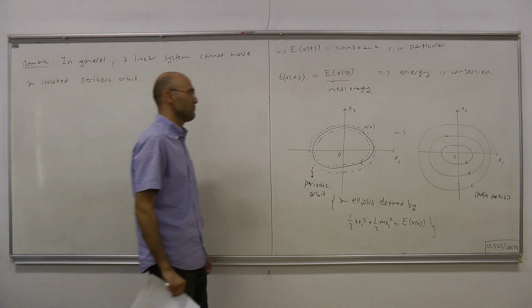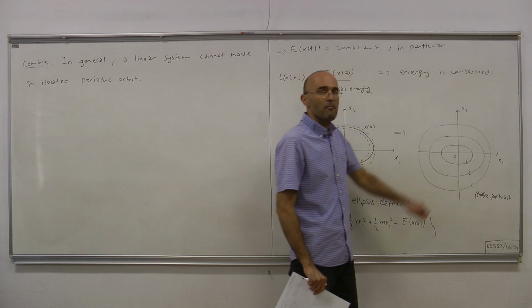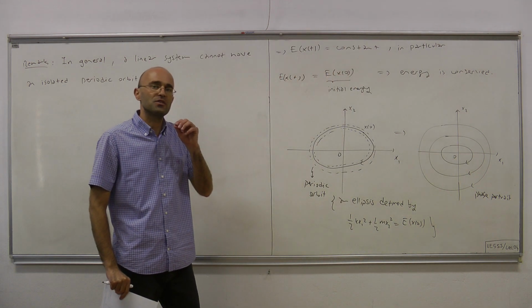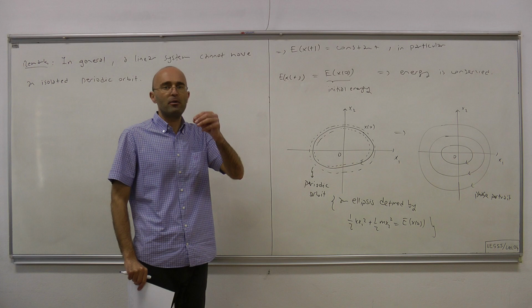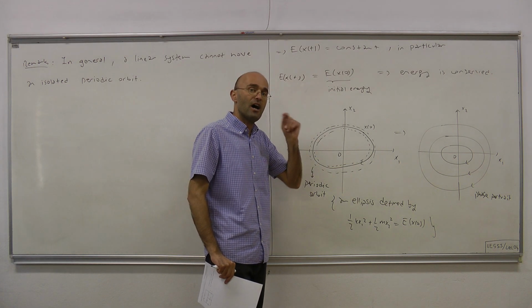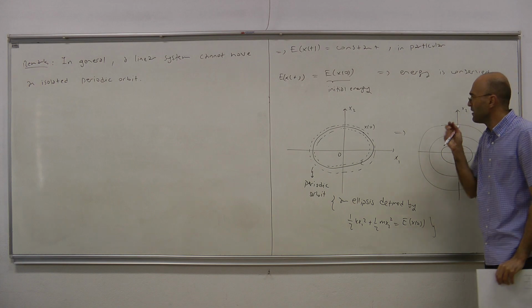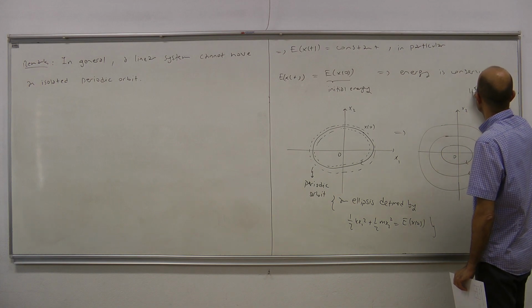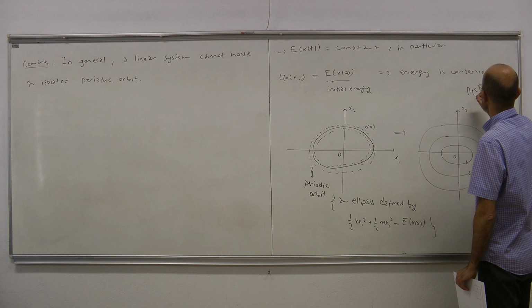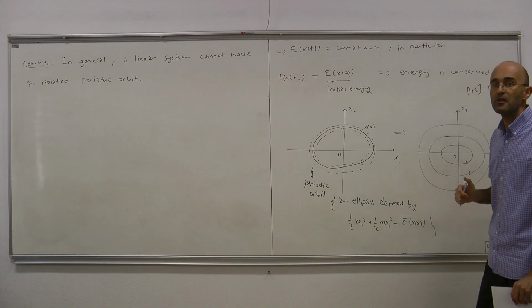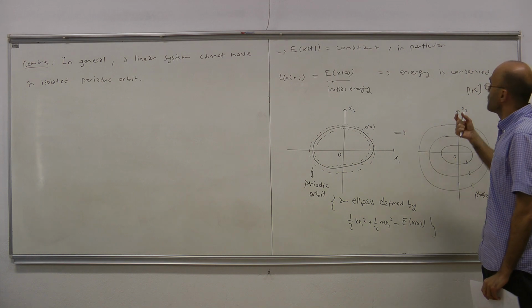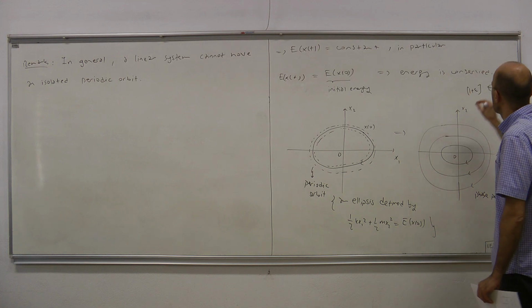The reason is the following. Suppose you have a periodic orbit, and suppose that you claim that that periodic orbit for the linear system is isolated. But since you take the periodic orbit, you can inflate it. You can multiply it with 1 plus epsilon, this constant, and epsilon you can choose as tiny as you want.